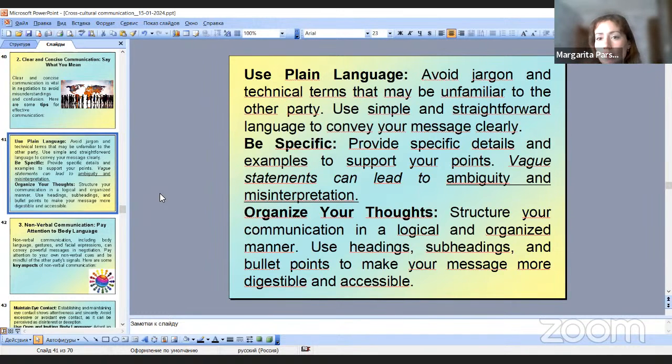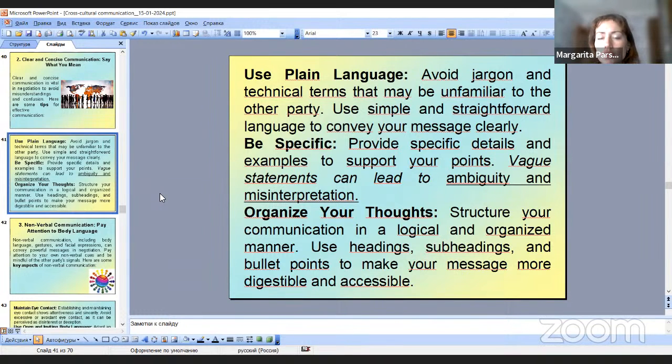To use plain language. Of course, we avoid jargon and technical terms which can be not understandable to the other person. It can be unfamiliar to the other part of this communication process. It's better to use simple and straightforward language to convey your message clearly. What do we mean by being specific?